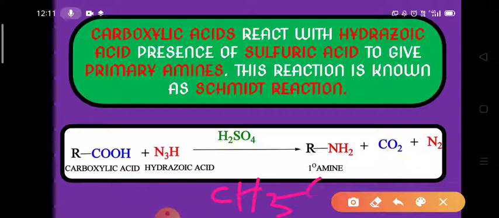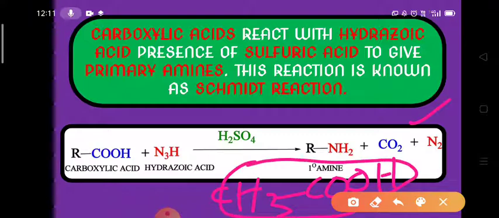So specifically also we can write the reaction, but whatever is shown in this slide is a general form of the Schmidt reaction. This CH3COOH is known as the acetic acid, and hydrazoic acid formula is N3H.